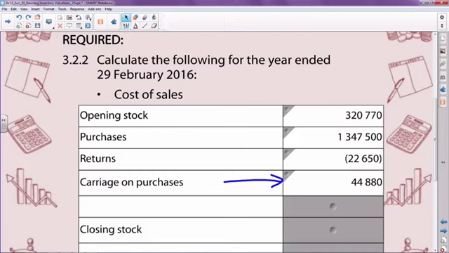Now this is what we do. We add all of that. So you've got your opening stock plus your purchases minus your returns. Remember that? You subtract your returns, add your carriage and purchases, and this gives you your merchandise available for resale. Now you subtract your closing stock, 224,250. From where?